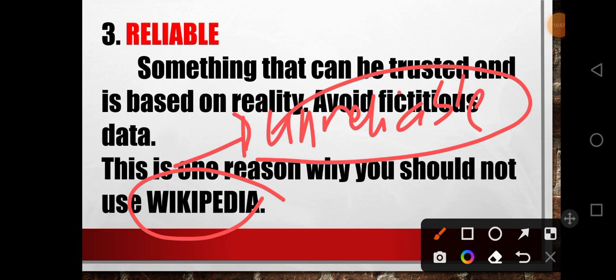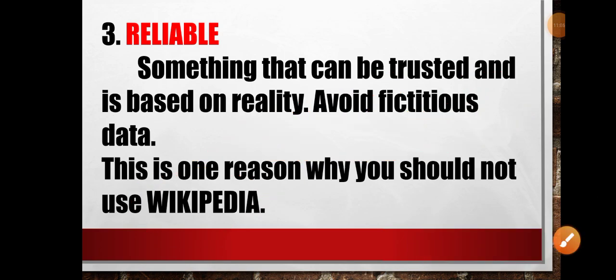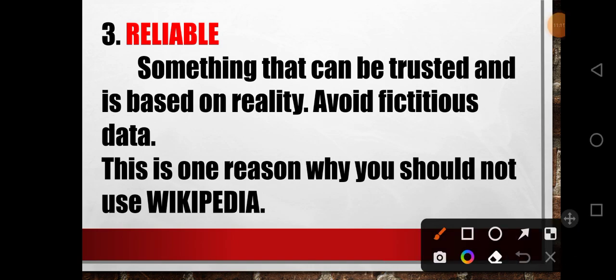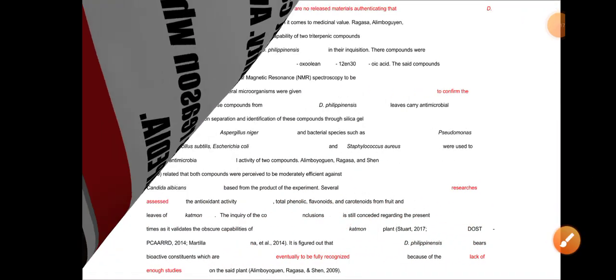And we can never know if the edited info in this website is considered to be factual or fictitious. So you must learn how to fact check your information or your resources so that you can say that it is reliable.